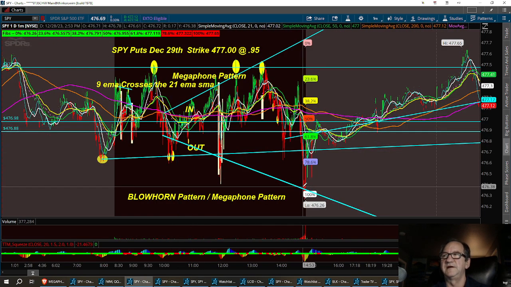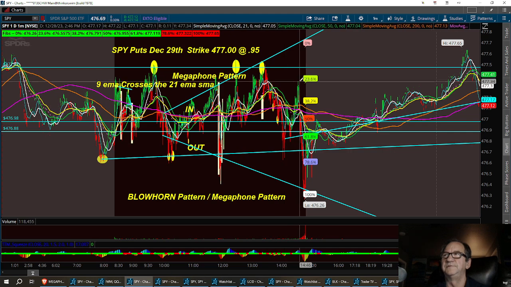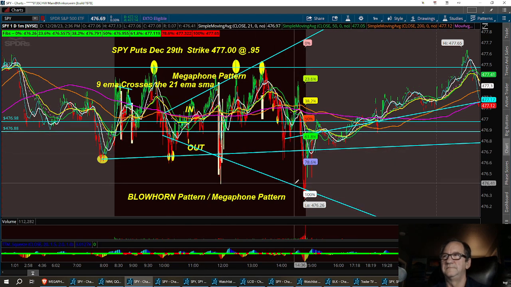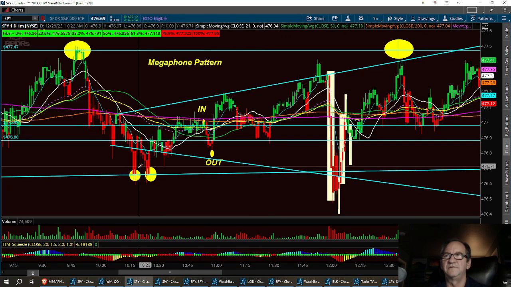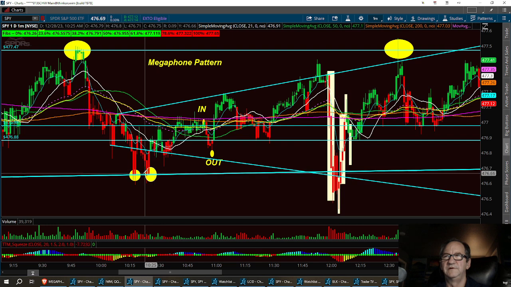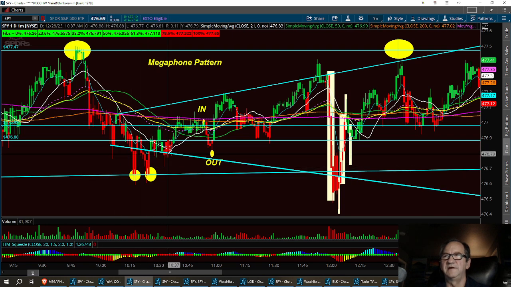So we had the expansion pattern, and this thing, again, as it started to break out here off the trend line, she broke out and again hit that megaphone. So remember, when you recognize patterns, you got to look into the pattern. For example, we had lower lows, but we also had a tweezer bottom down here, which is a two-headed snake, which is an inverse head and shoulders.